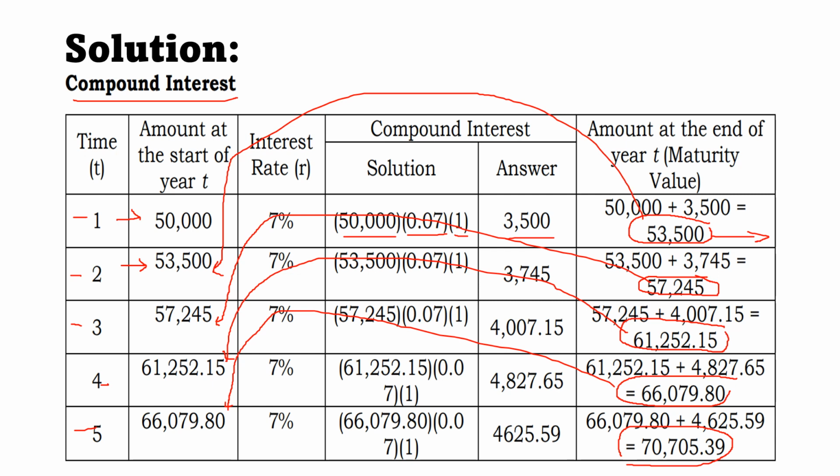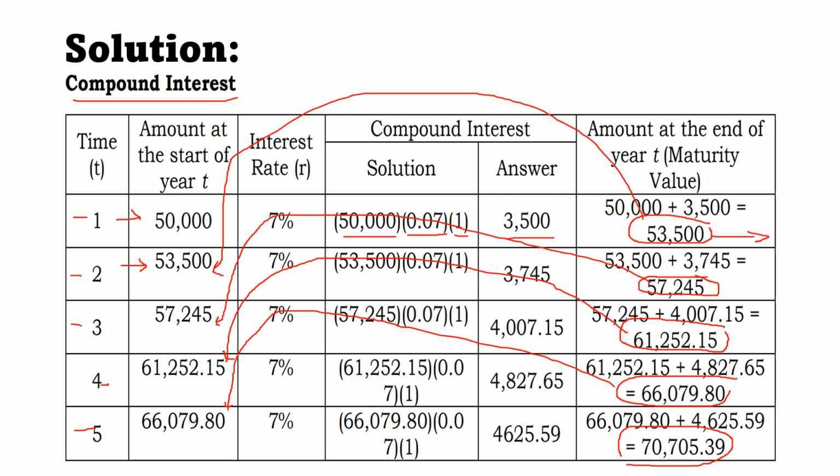That's why between simple and compound interest, simple interest will earn less than what you can earn from compound interest, because compound interest, by definition, is interest on interest.